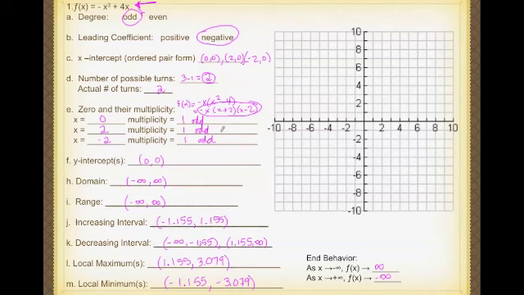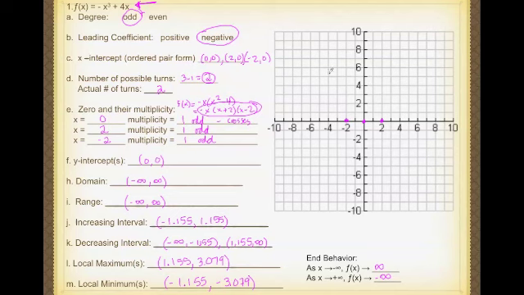I know by my zeros where they're going to cross the x-axis. And I also know by the multiplicity that when the multiplicity is odd, it crosses. So for each one of these, I know it's going to cross through the point, not touch it.